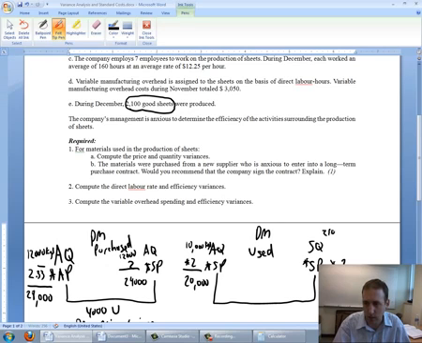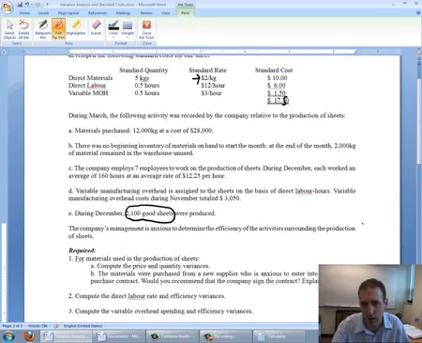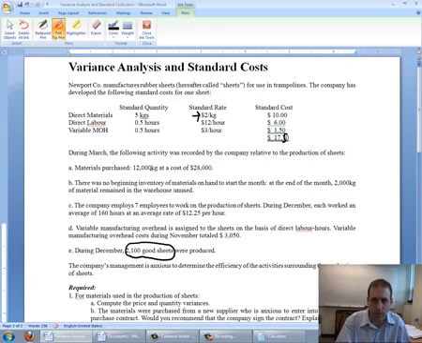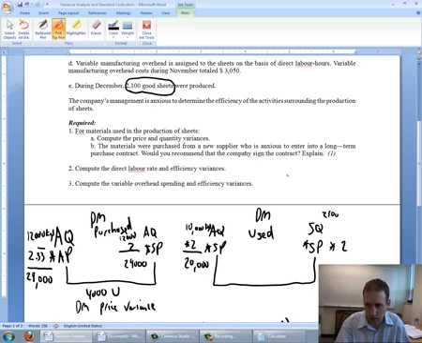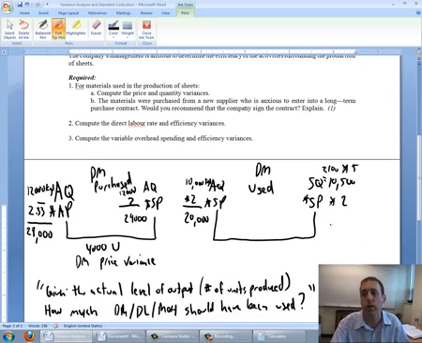It's supposed to take 5 kilograms. That's the standard quantity. So 2,100 times 5 is 10,500. My standard quantity here is 10,500.